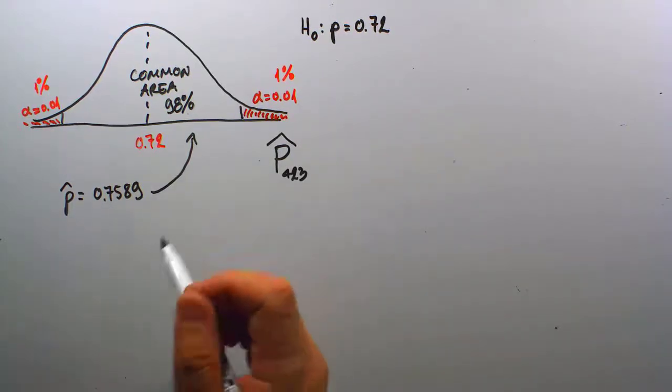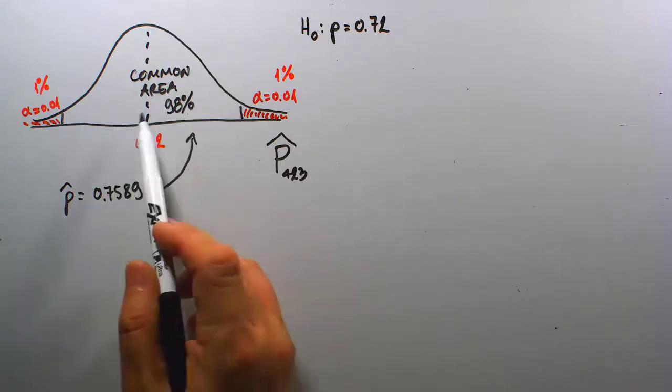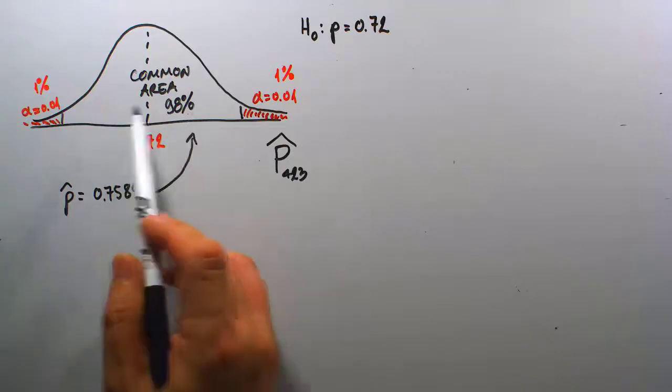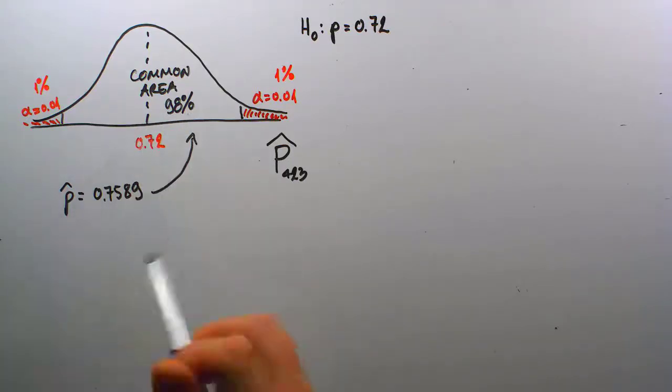Another way of thinking is that, as I have explained, we are accepting up to 98% of values that can be commonly fluctuated away from this claim in the center.